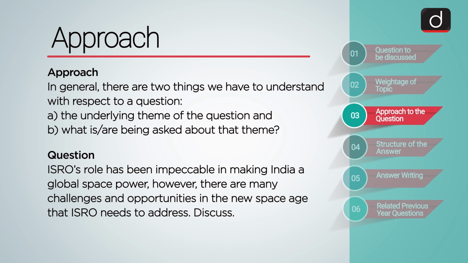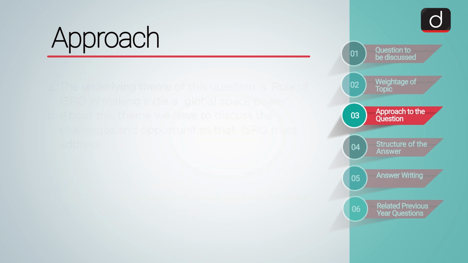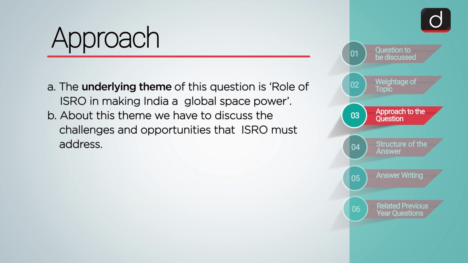However, there are many challenges and opportunities in the new space age that ISRO needs to address. Discuss. The underlying theme of this question is the role of ISRO in making India a global space power. About this theme, we have to discuss the challenges and opportunities that ISRO must address.